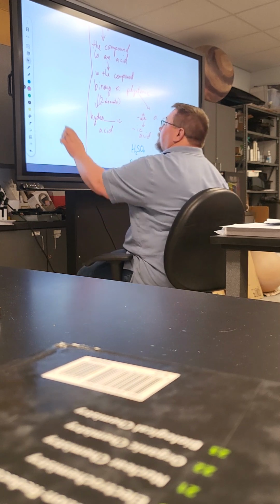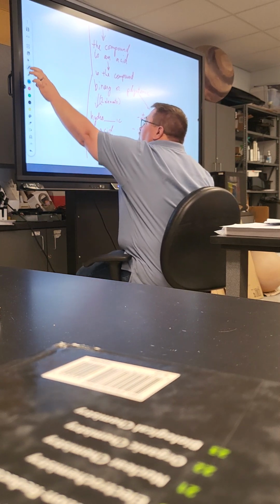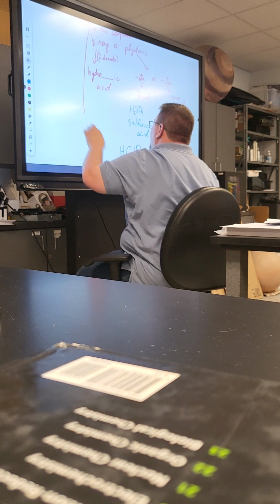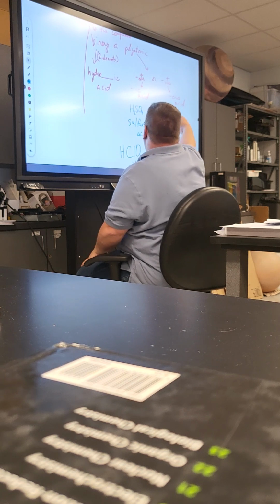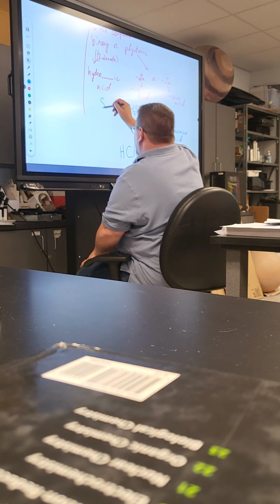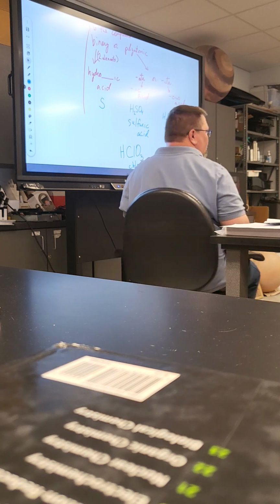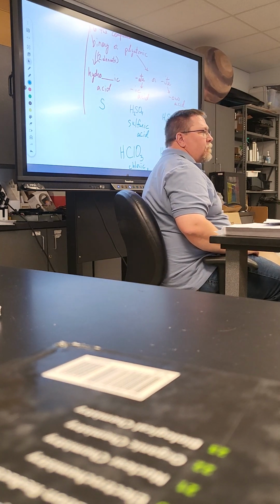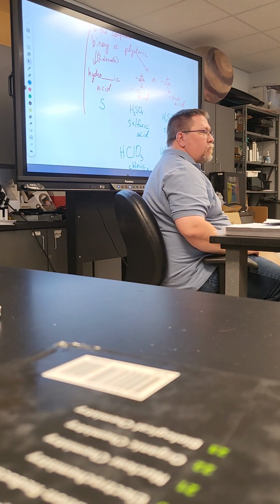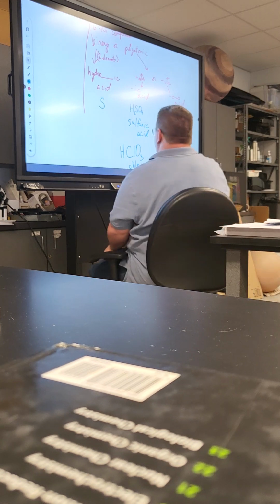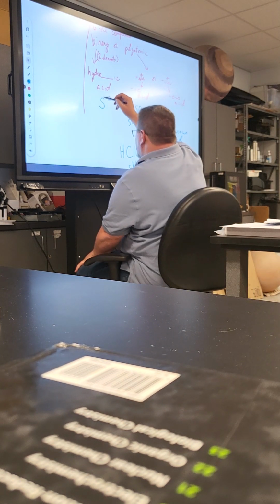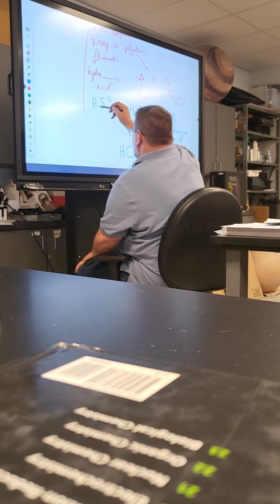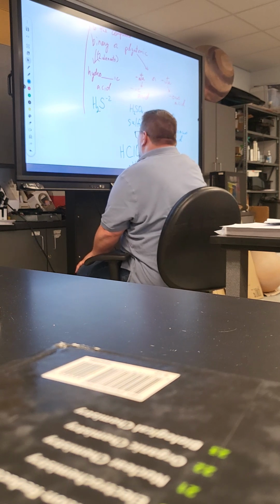So, for example, let's start with Cl. Oh, you know what? We got these right here. Let's do S. What charge does sulfur tend to have? Negative 2. So if this is negative 2, how many hydrogens? 2 of them.